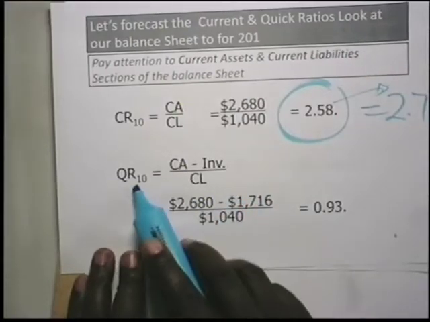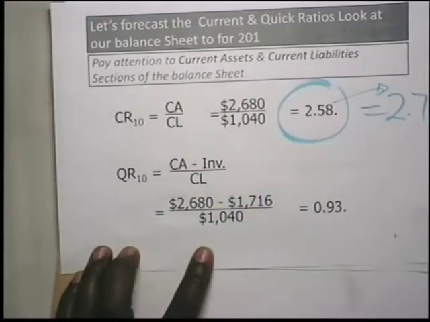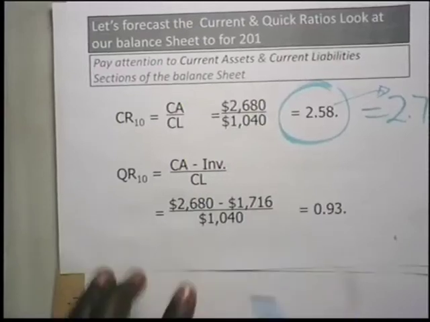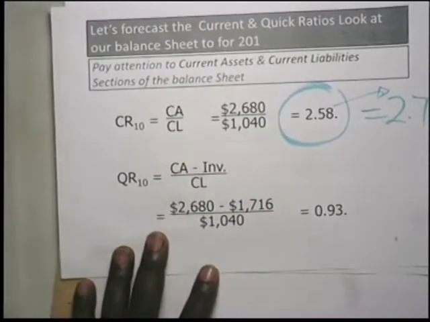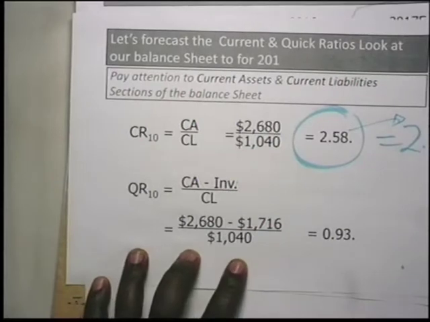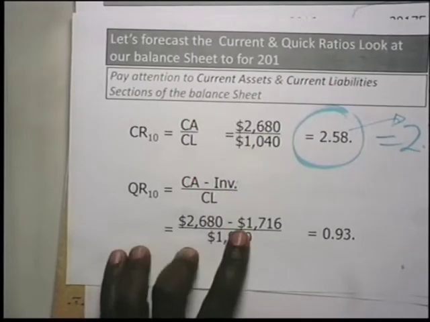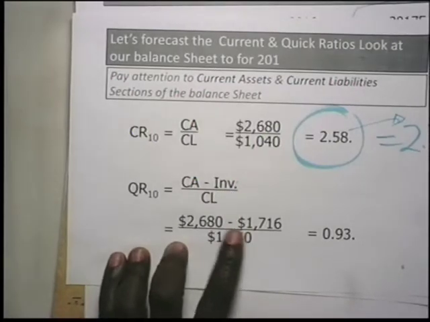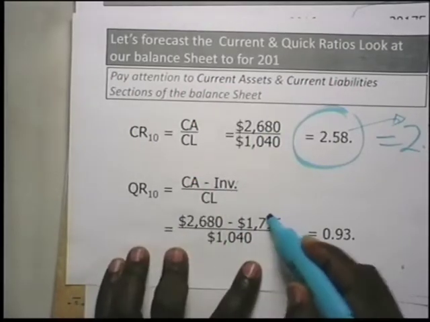Similarly, if you look at the quick ratio, we can do the same. There are variables that we may play around with here. Inventory. We don't need to keep a lot of inventories. If we reduce our inventory stock, it means we will have a smaller number to subtract.